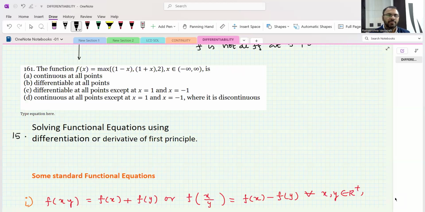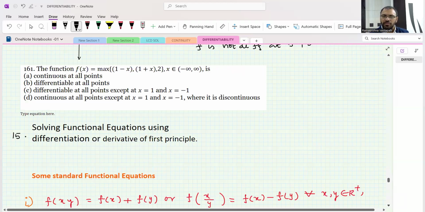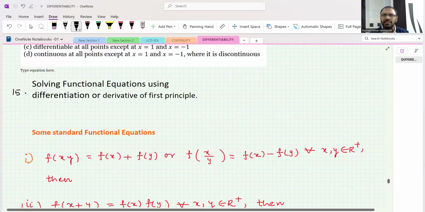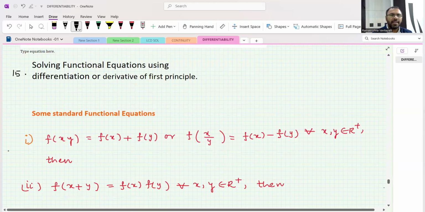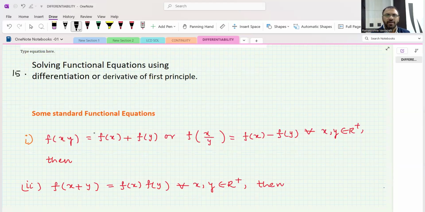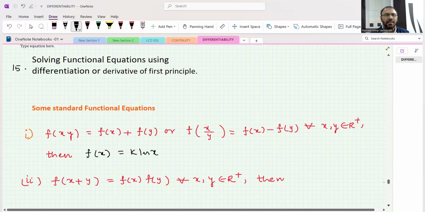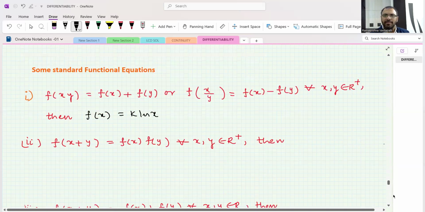Now I'm going to explain solving of functional equations and some standard functional equations, using differentiation or without differentiation. So here, f of xy is equal to f of x plus f of y, meaning it is converting a product to a sum. Then f of x equals k ln x, k log x, because ln ab equals ln a plus ln b.